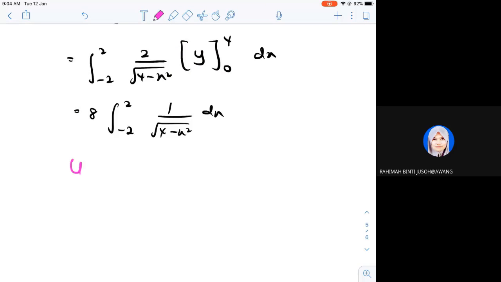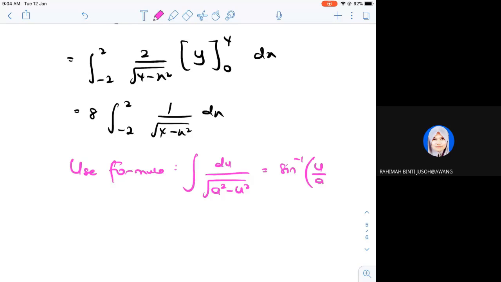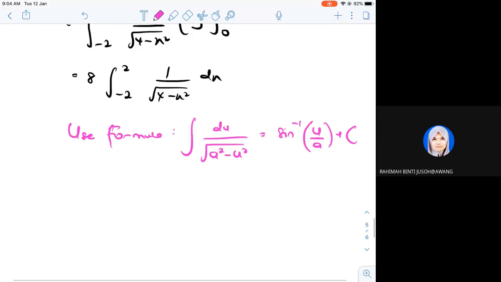Okay, kita guna hint dia tu, use formula. Integration of du over square root of a squared minus u squared equals to shift sine u over a plus constant c. Kenapa ada constant ni? Sebab dia tak ada limit. Tapi dalam kes kita ni, no need for you to put c lah.